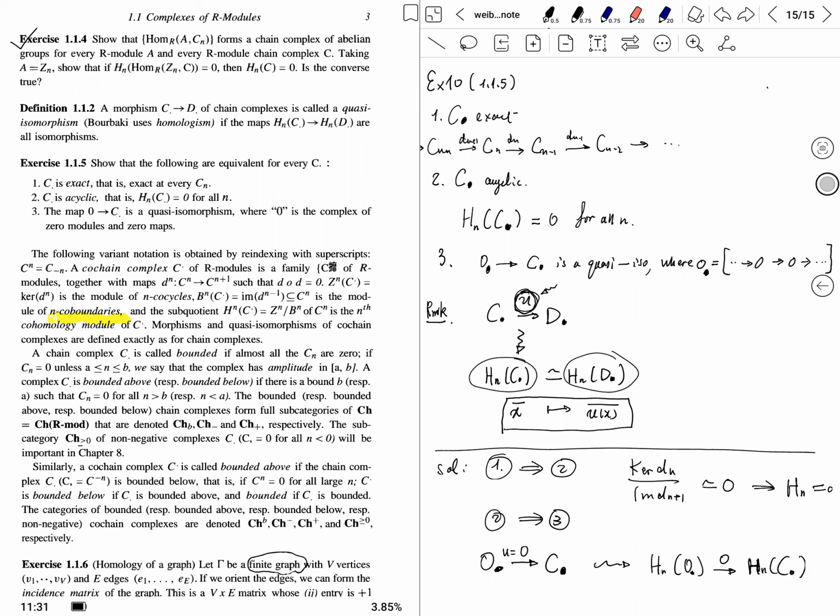Is this 0 map an isomorphism? It is, if we already know H_n(C) is acyclic, because this is also 0, which means mapping x bar to 0 bar, because x bar equals 0 bar, so 0 bar to 0 bar is an isomorphism. 2 implies 3.